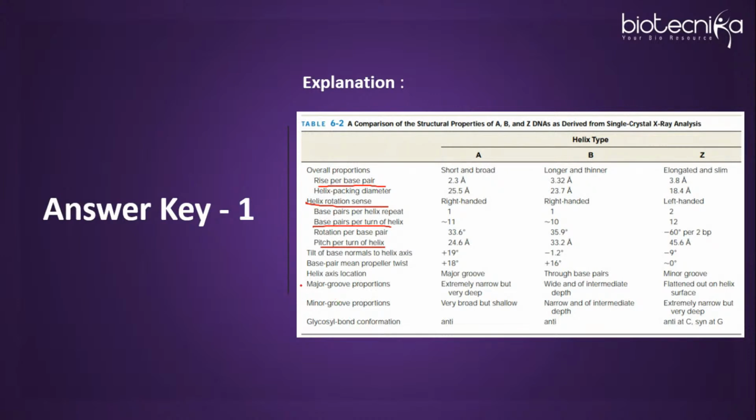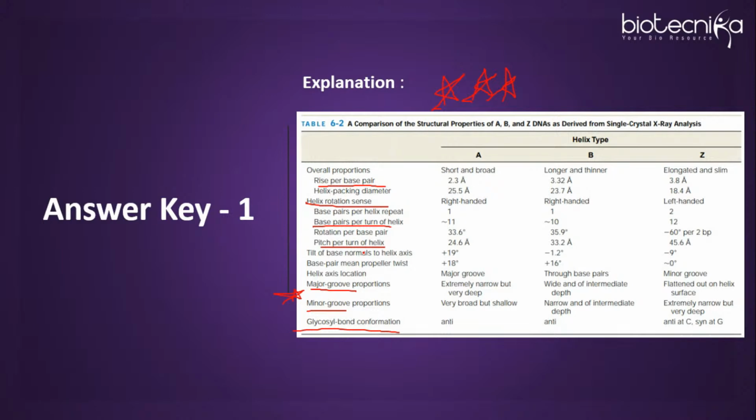And I still remember in the year 2017 or 16, they also asked with respect to major and minor groove. So try to remember this as well. Glycosyl bond formation. So remember this table. This table is very important from the examination point of view. Refer to Watson for that.